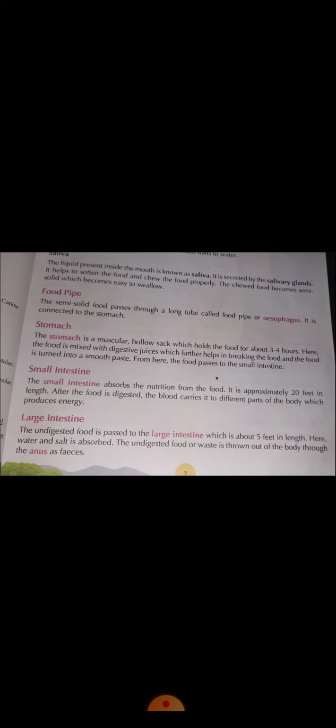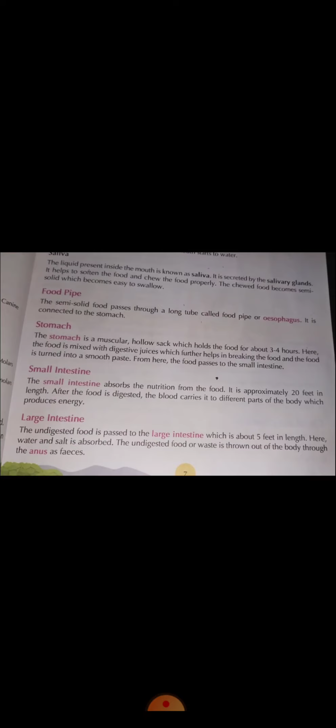From here, the food reaches the large intestine. The undigested food is passed to the large intestine, which is about 5 feet in length. Here, water and salt are absorbed. In the large intestine, water and salt are absorbed. The undigested food or waste is thrown out of the body through the anus as feces.